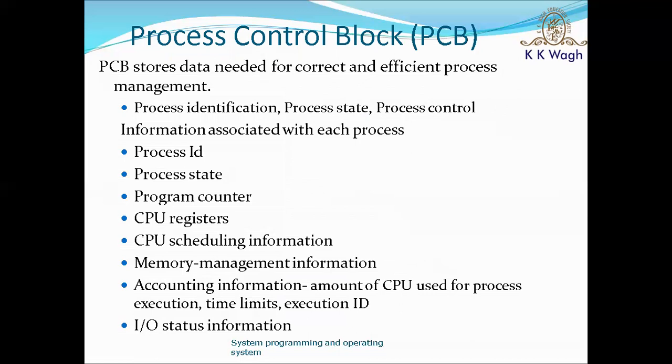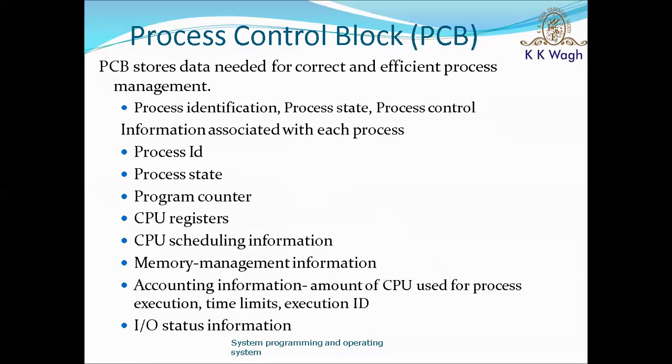An operating system considers a process to be the fundamental unit for resource allocation, and some resources could be allocated to a process. For example, memory, secondary memory, I/O devices, files opened by the process, and CPU time consumed by the process. A data structure called the process control block is used by an operating system to keep track of all information concerning a process.